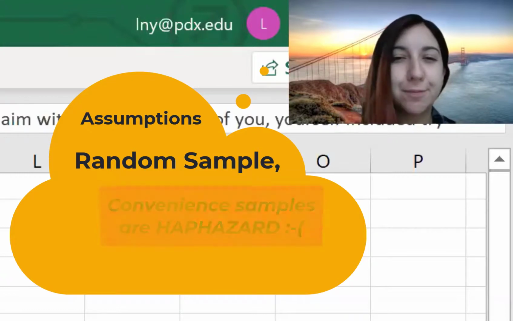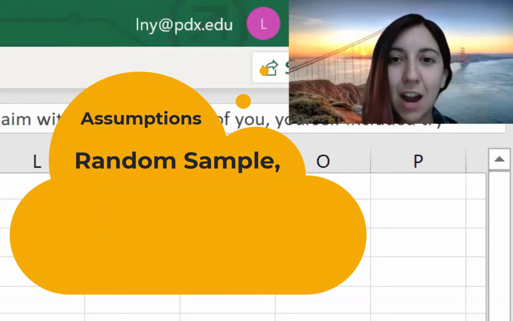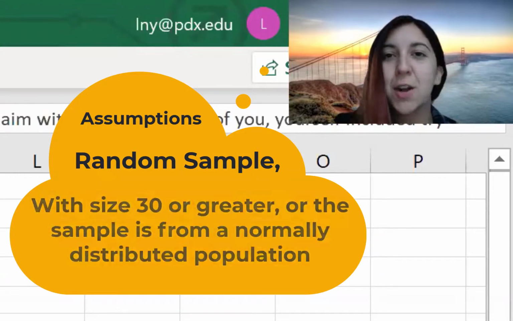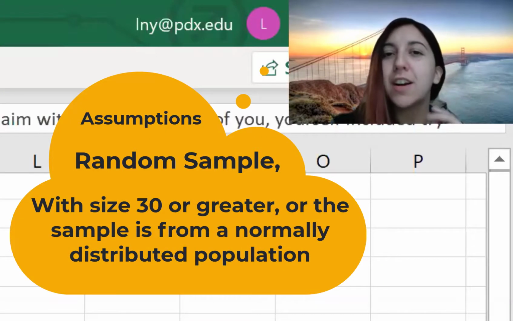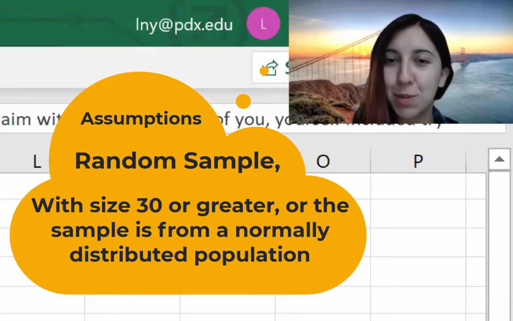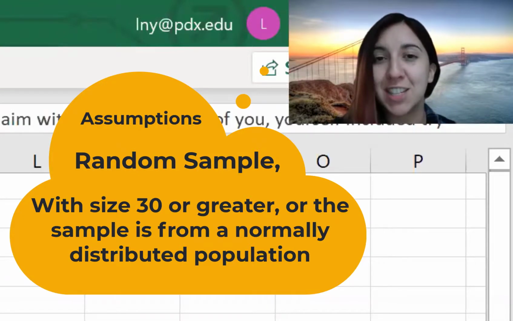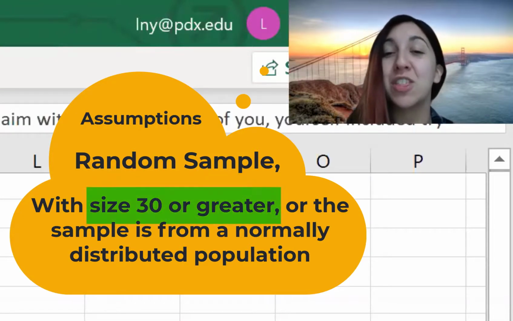Let's continue on. Next, our sample needs to be either big enough or come from a population that's normally distributed. The rule of thumb we use for a big enough sample condition is n greater than or equal to 30.